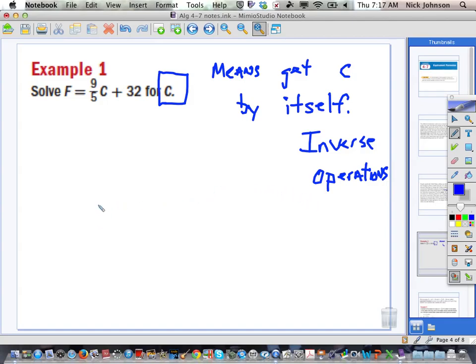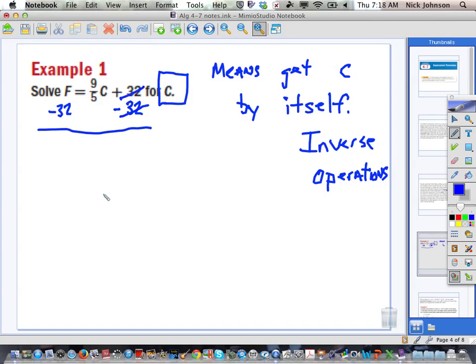So, here's my C. That means C's on the right side, so I've got to get rid of this 32 first. The inverse of adding 32 is subtracting 32. My 32s are gone.